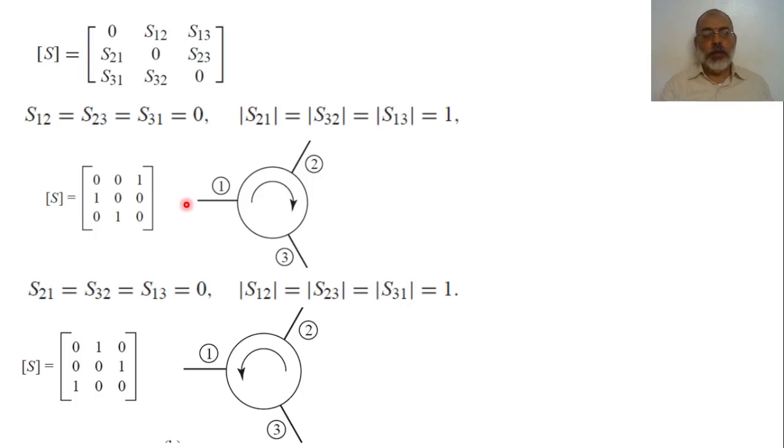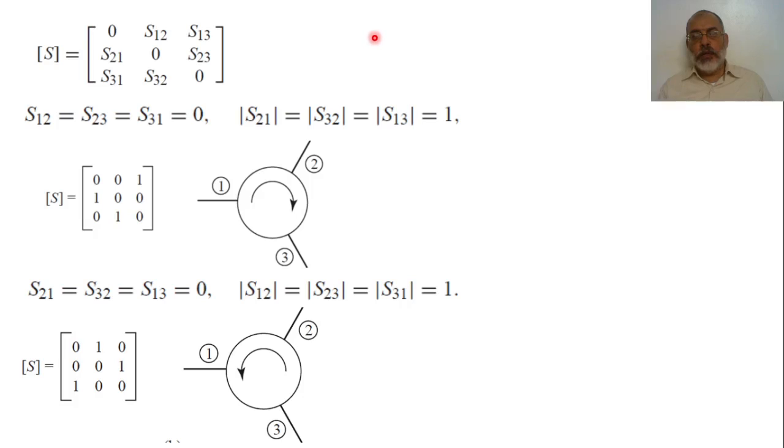Actually, this configuration has a very important application in radar, for example, where we use the antenna as a transmitter and a receiver at the same time. So the output of the power amplifier is connected to port 1 and the antenna is connected to port 2. The power from port 1 goes to the antenna, and the antenna radiates the power.